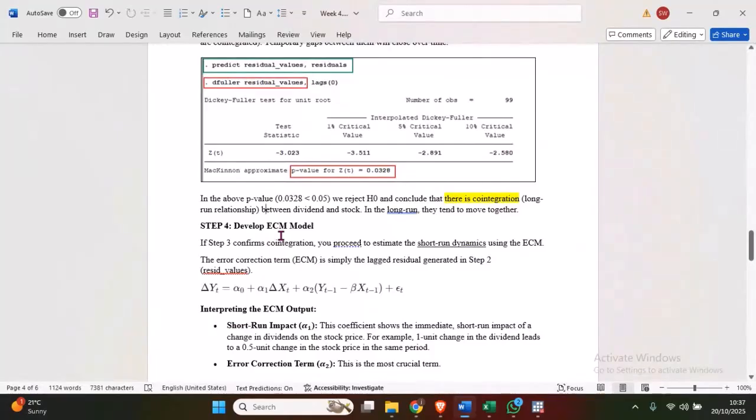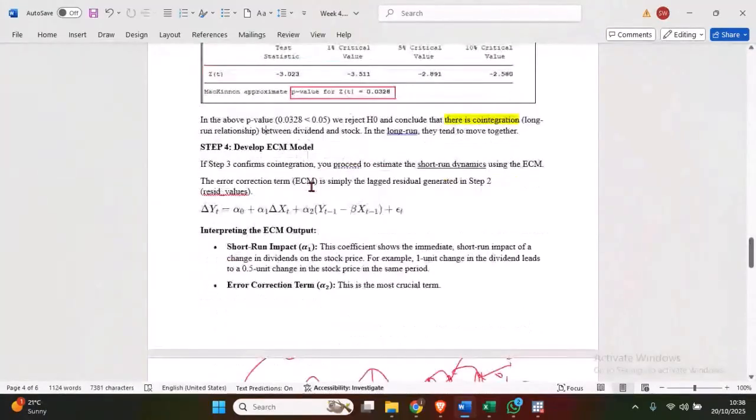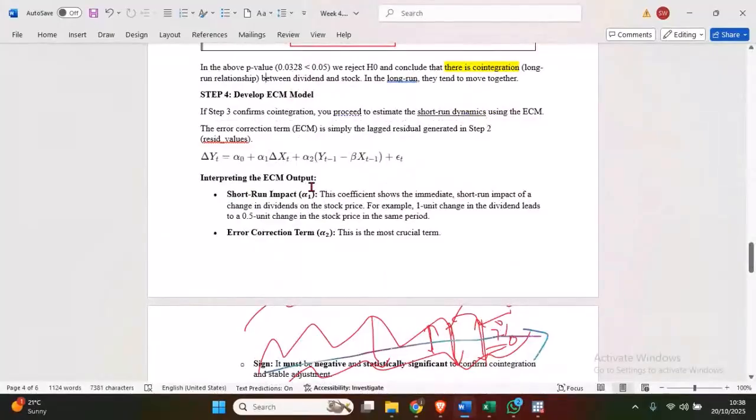We definitely know now that the two series have a long-run relationship. They are co-integrated. And now because they are co-integrated, we go and check how they are behaving in the short run. To do that, we carry out the error correction model.